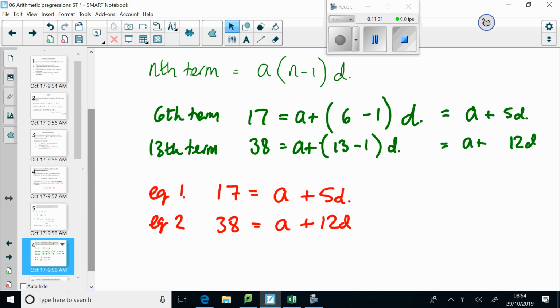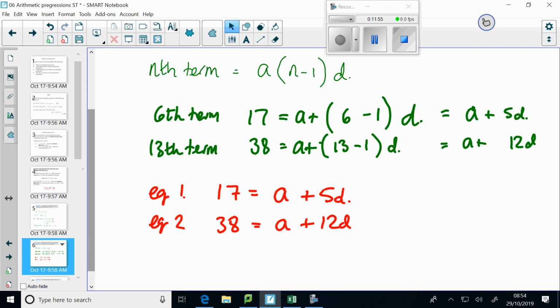What's the term for two equations like that? Simultaneous equations. A and D, remember A is the first term, so A is the same in both equations. D is the fixed jump in the progression, so that's fixed for both.